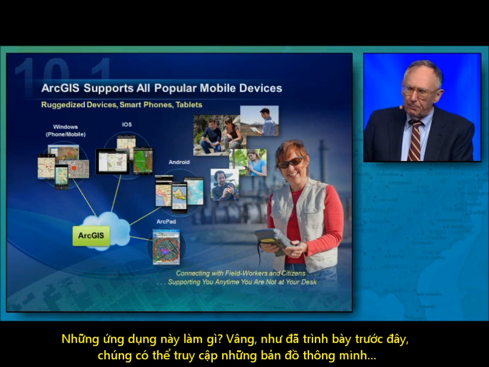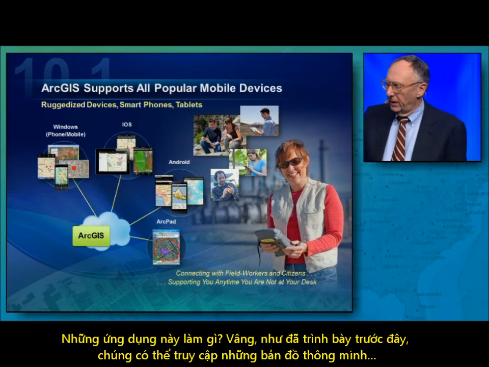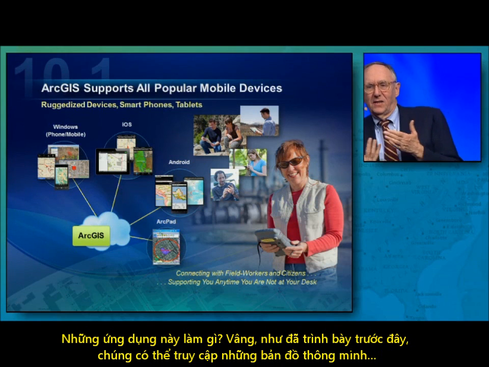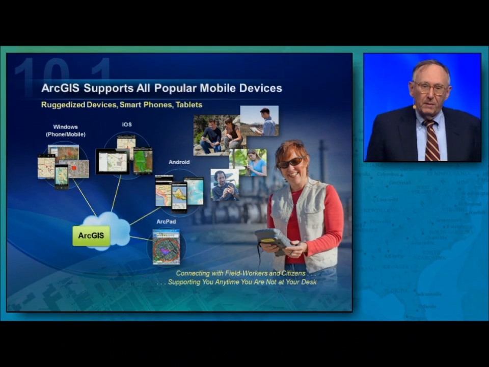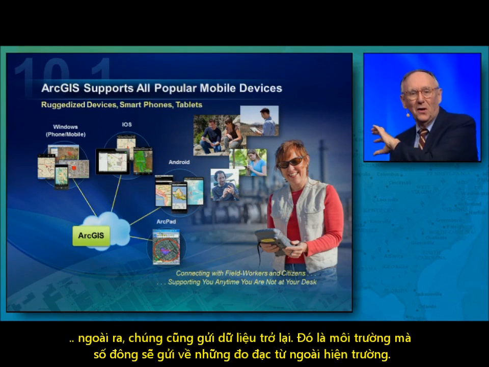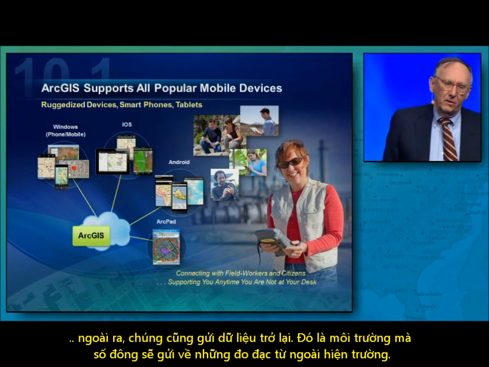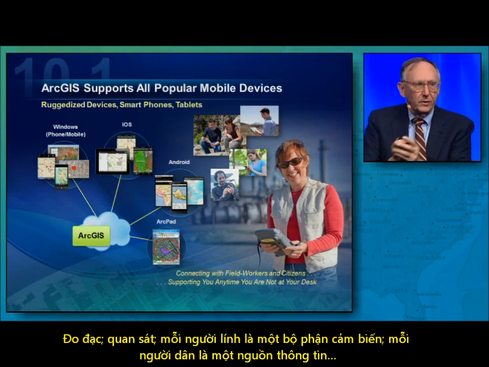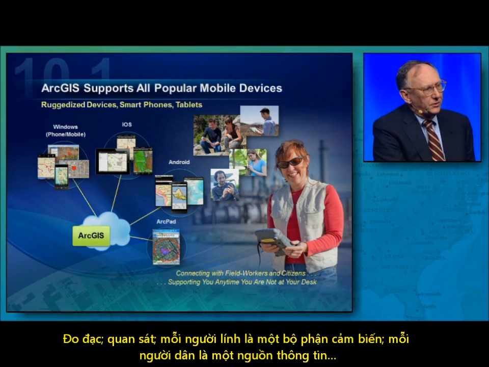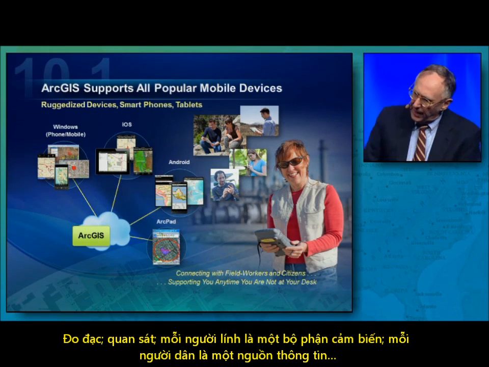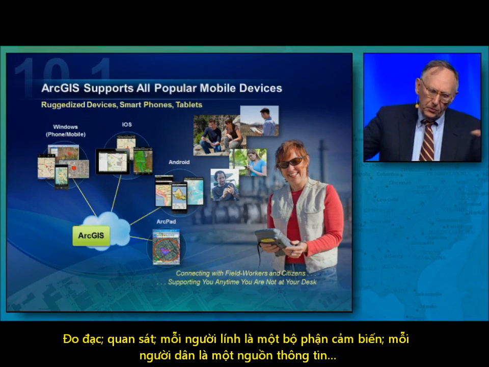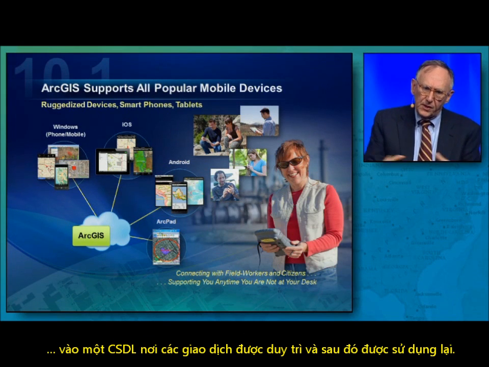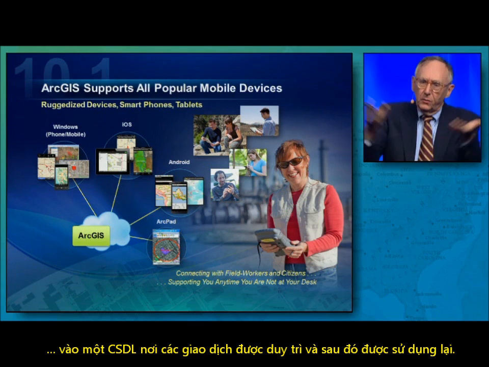What do these applications do? Well, as was shown earlier, they can access intelligent web maps, but also they can give data back, the whole crowdsourcing environment of field measurement, measuring, observing, every soldier is a sensor, every citizen is an advocate for a particular cause, into a database where transactions are maintained and then reused.